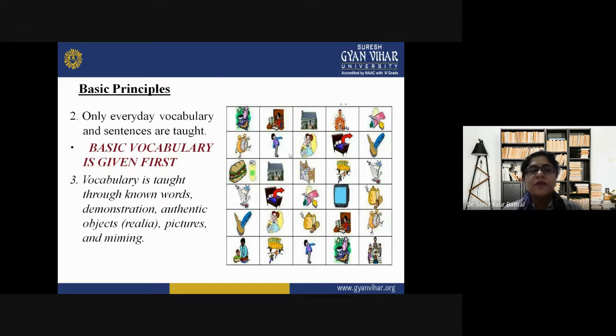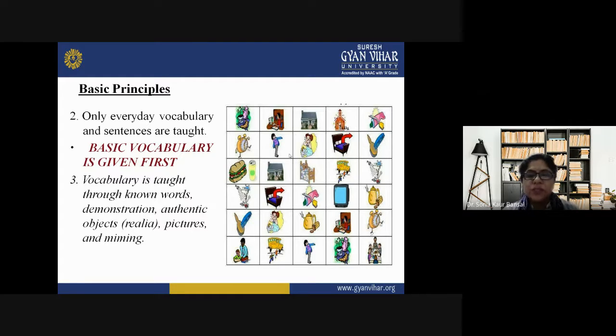Now, secondly, only everyday vocabulary and sentences are taught in the direct method. Basic vocabulary is given first. It is not that we are going to give very heavy vocabulary to our students, which is not of use, because students learn well when they find it comfortable, when they find a word comfortable to speak, when the pronunciation is easy for them.